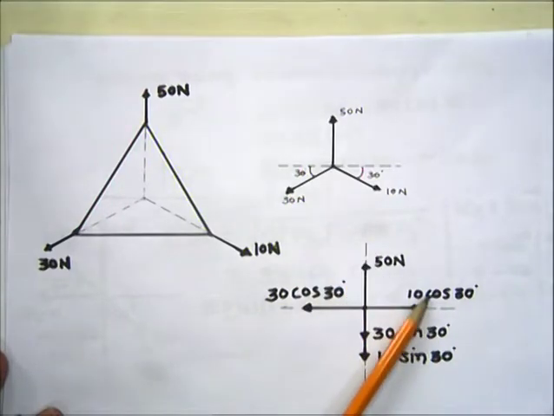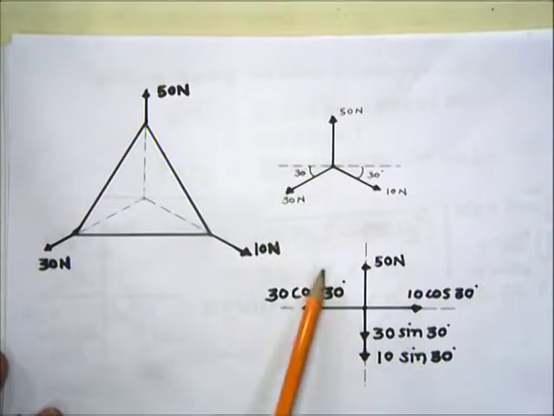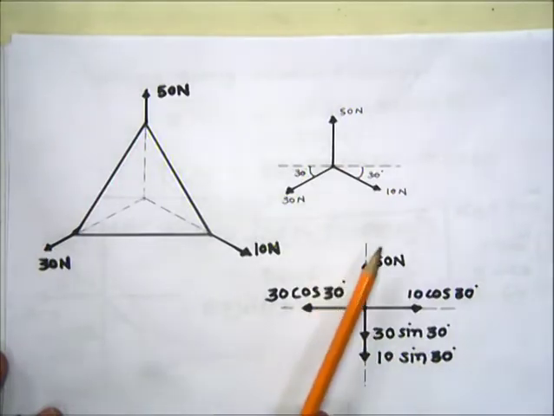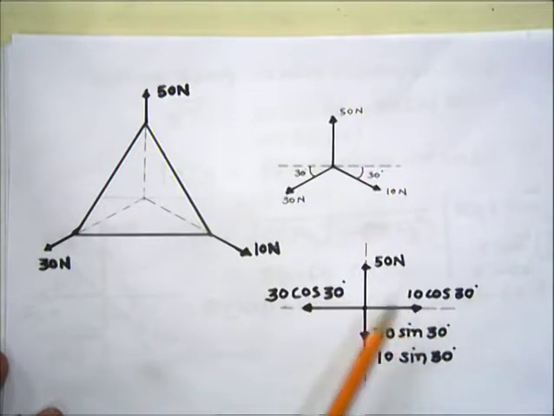So along x its component would be 10 cos 30, and along the y axis it will be 10 sin 30. Here the 50 Newton force is totally acting in the y direction, upward, so its component along x would be 0.